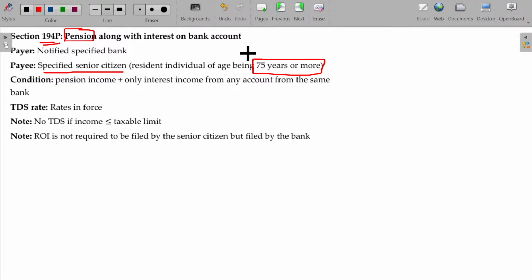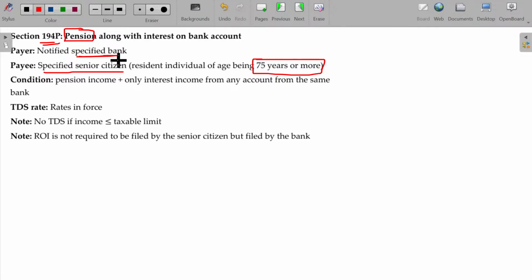If he is a senior citizen, age 75 and more, gets only pension, and has a small amount in his own savings bank account, from which he gets only interest, that too in only one account, not any other, then the liability of paying the tax on the pension and interest is shifted to the banker. The banker will deduct the TDS and deposit it on behalf of the pensioner. That senior citizen pensioner is not required to file the ROI also. He forgets about the payment and filing of tax.